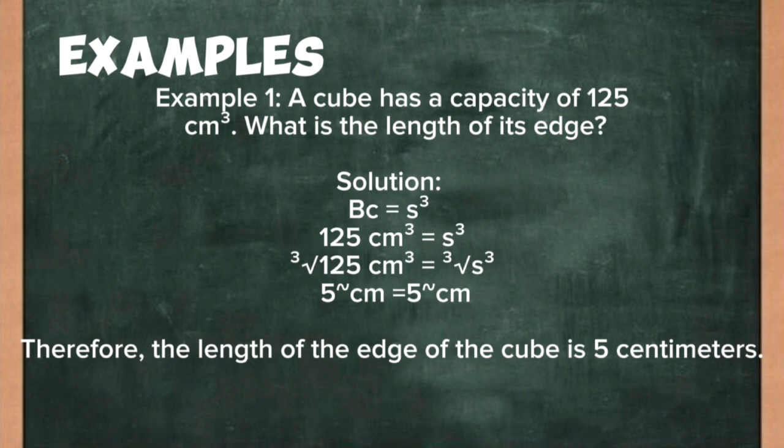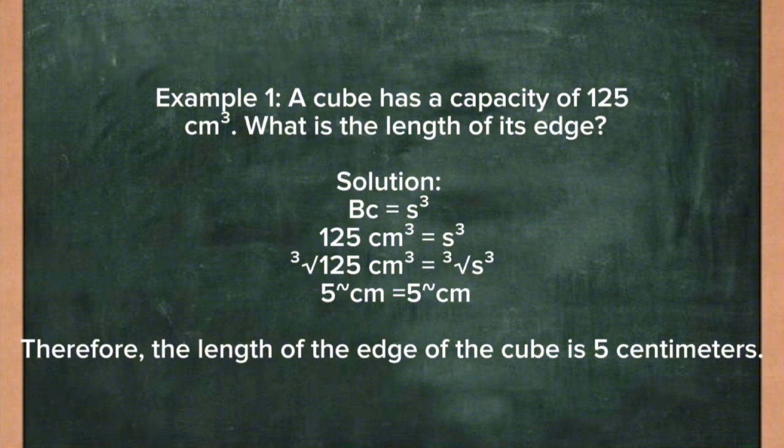So the value of V equals 125 cubic centimeters equals s cubed. So the cube root of 125 cubic centimeters equals the cube root of s cubed. The cube root of 125 cubic centimeters is 5 centimeters, and the cube root of s cubed is s. Therefore, the length of the edge of the cube is 5 centimeters.